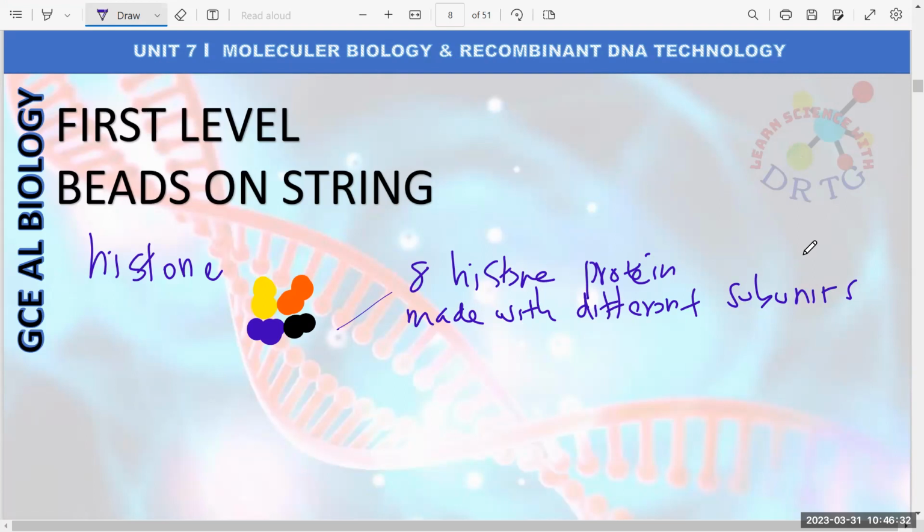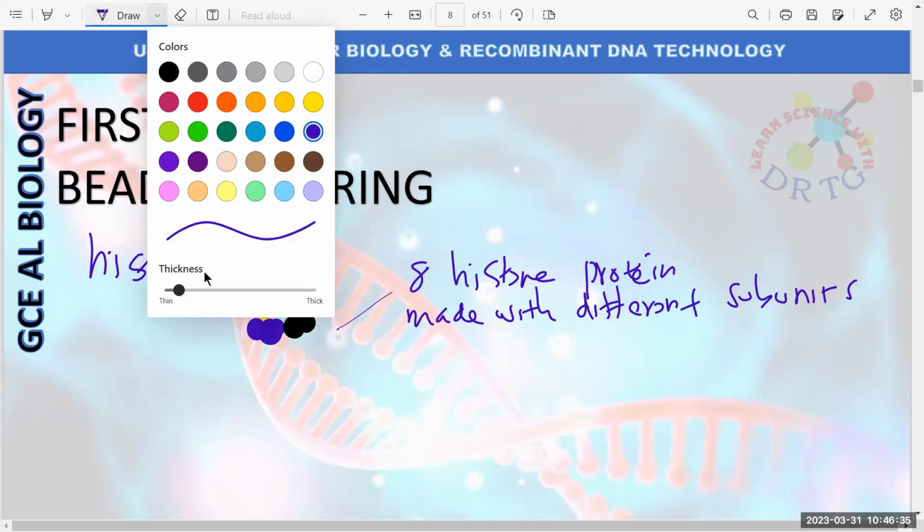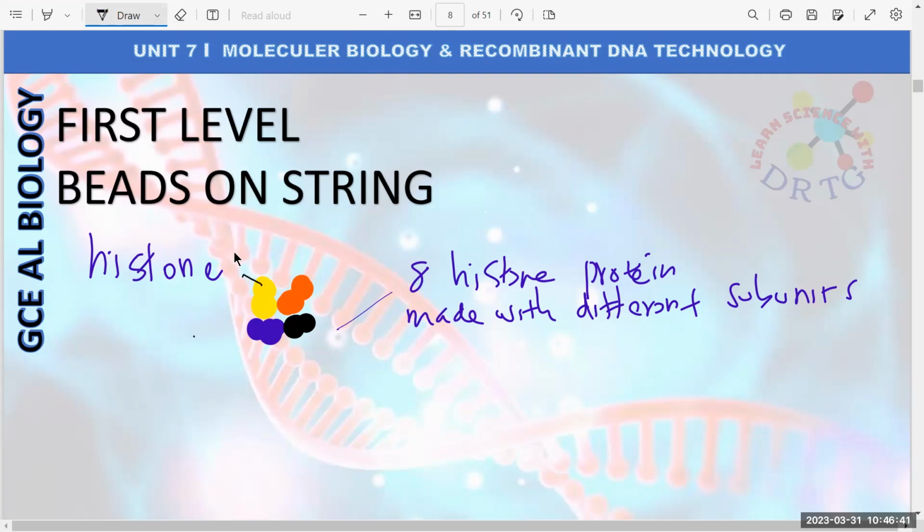They have 8 subunits, and these subunits are named as H. So H is given for histone. H2A, H2B, H3, H4. So 2 of this, 2 of this, 2 of this, 2 of this.